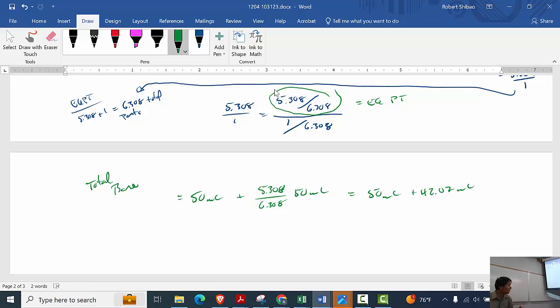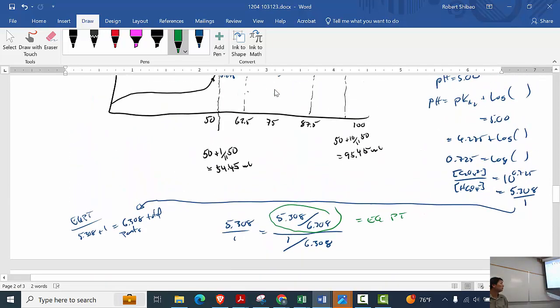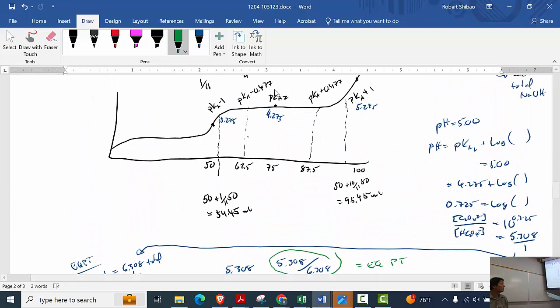So that's going to bring us to 92.07 milliliters, or about 92.1 milliliters. So if I want a pH of 5.00, I'm going to have to go to 92.1 milliliters. Yeah, there's a pH of 5.00.